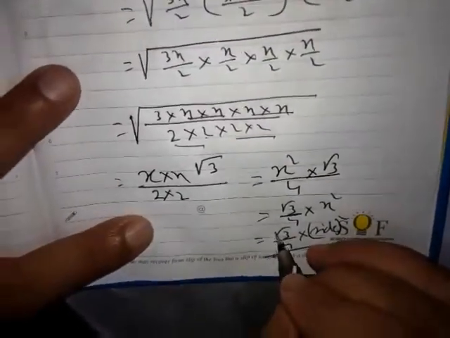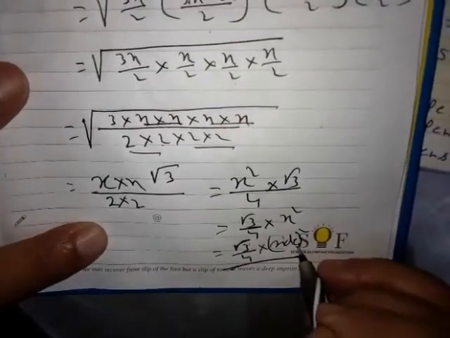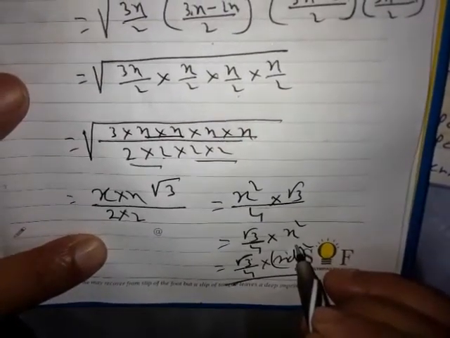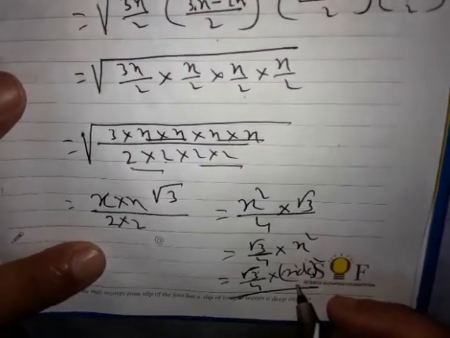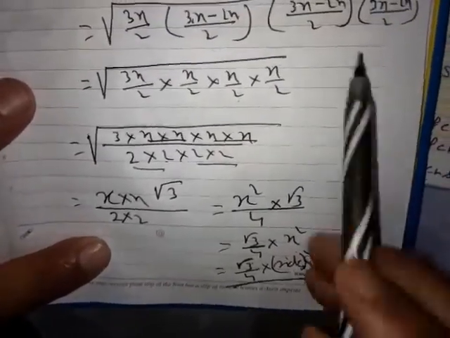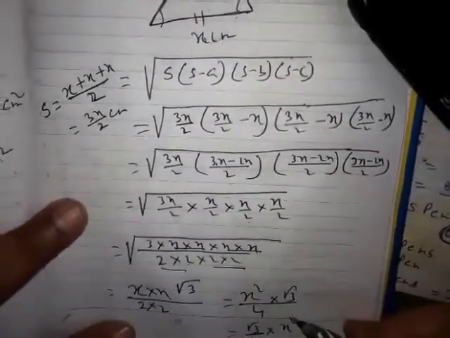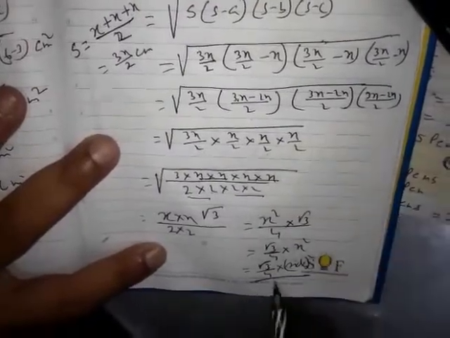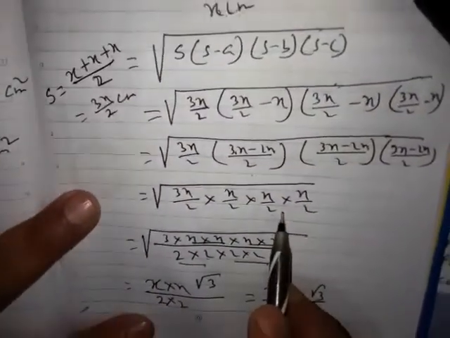I had given you the formula earlier for the area of an equilateral triangle: root 3 by 4 into side square. I made it very clear how to derive it, so it is not required that you learn it. Without learning this also, if you know the length of the sides of the equilateral triangle, you can easily find the area. Either directly by putting the formula, or you can find it like this also. Both will be correct.